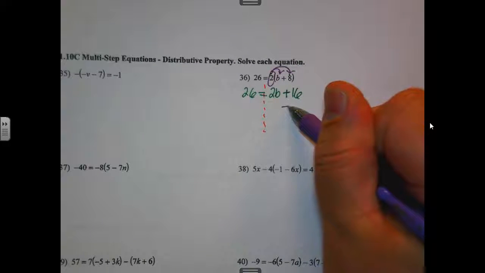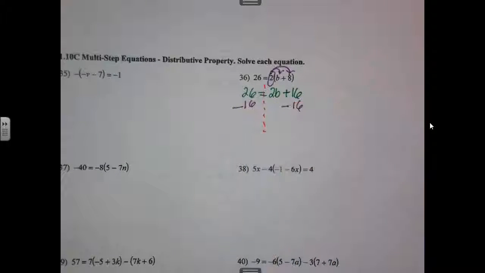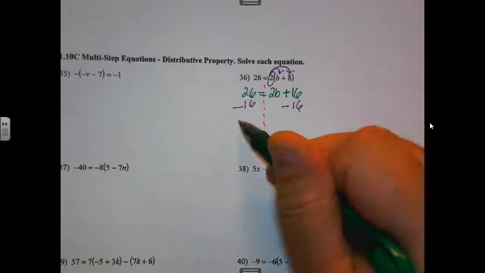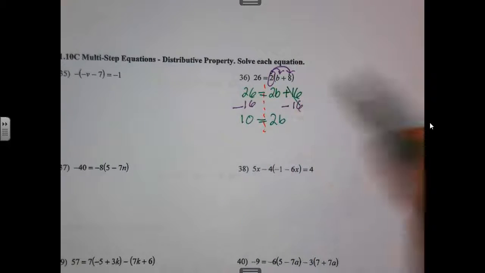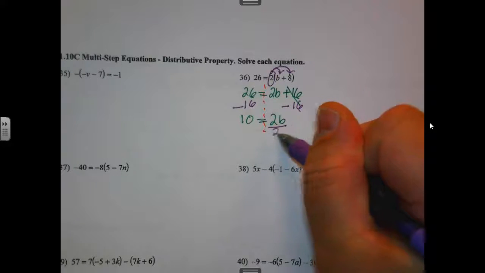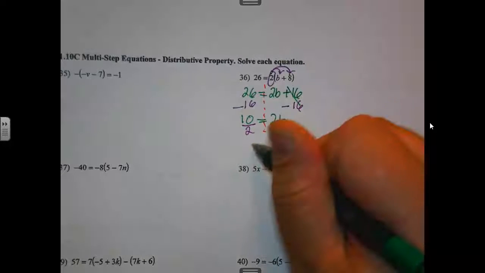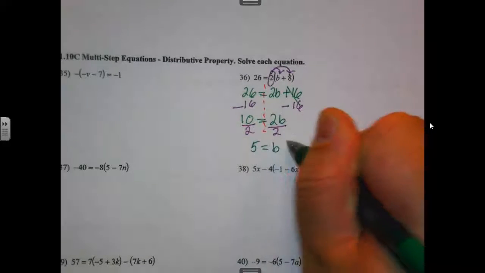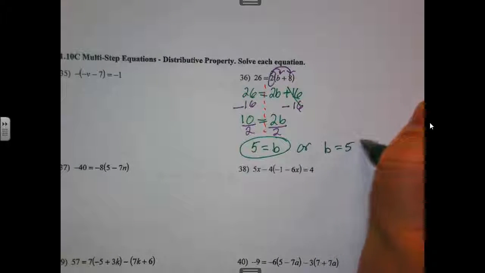I'm going to subtract 16 from both sides. I get 10 equals 2b. Divide by the coefficient 2, and 5 equals b. Or b equals 5.